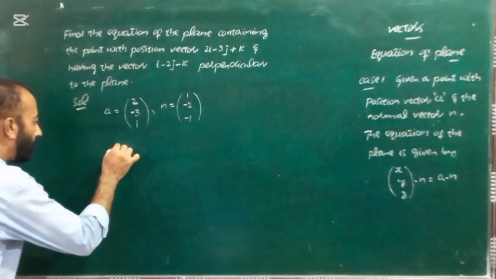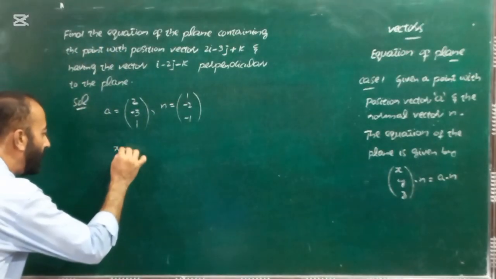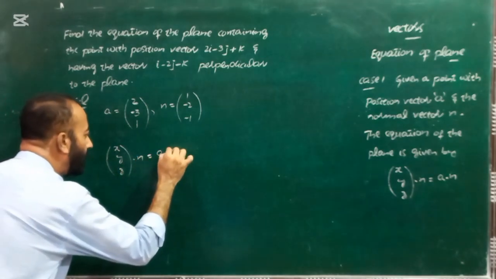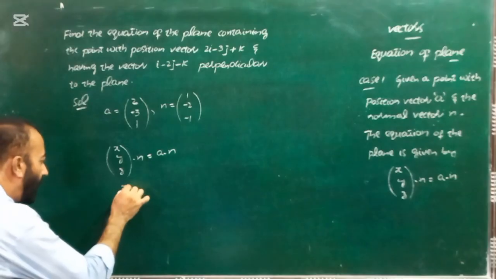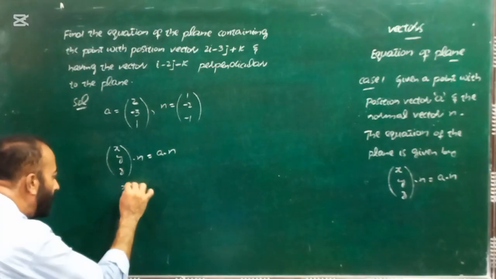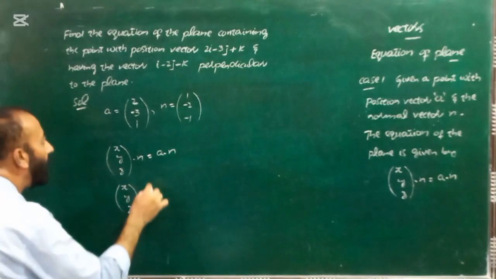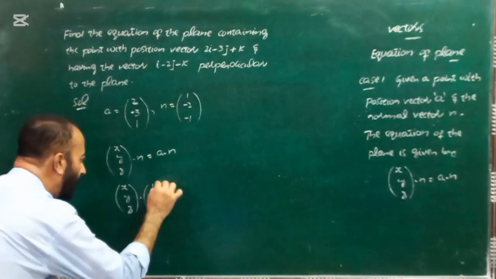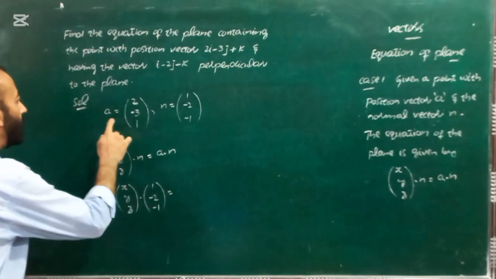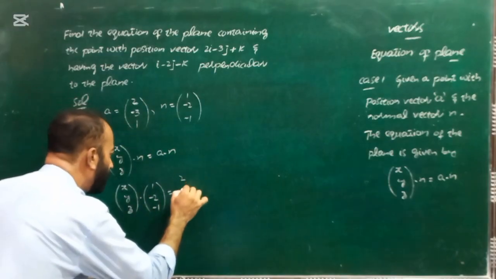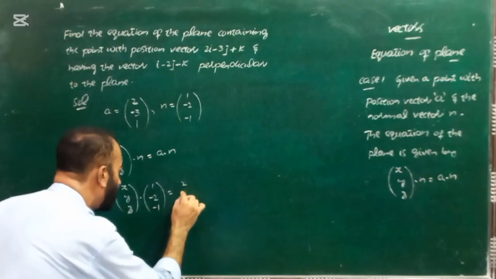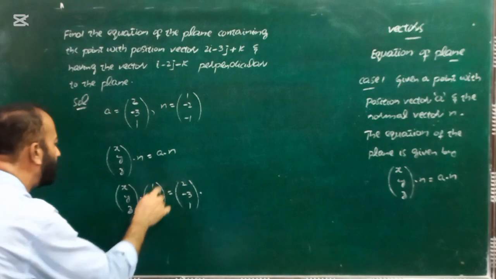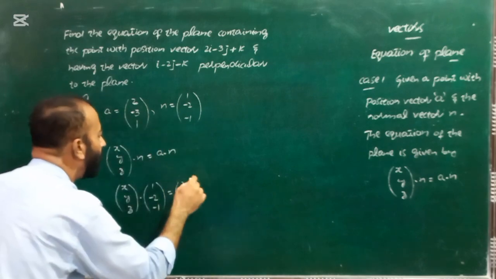So look now, x, y, z dot n is equal to a dot n. So x, y, z dot n, which is 1 minus 2 minus 1, is equal to a, here is a, 2 minus 3 1, dot n, and n is 1 minus 2 minus 1.